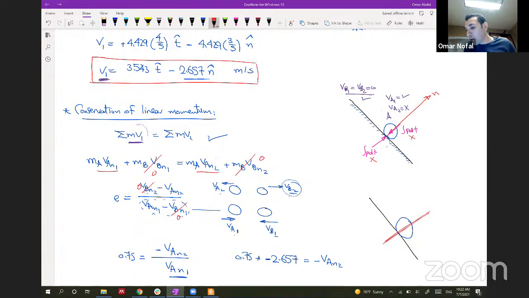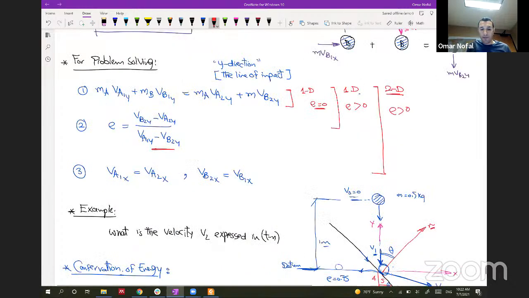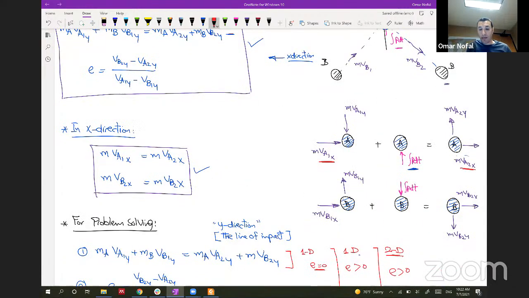For the tangent components in this direction, it will be equal before and after the collision, like this equation. So MVA1 tangent will be equal to MVA2 tangent, just because in this direction there are not any impulses to go in the equation.